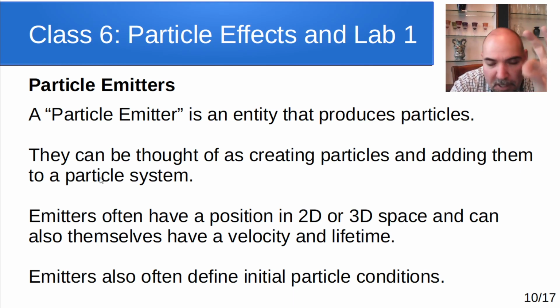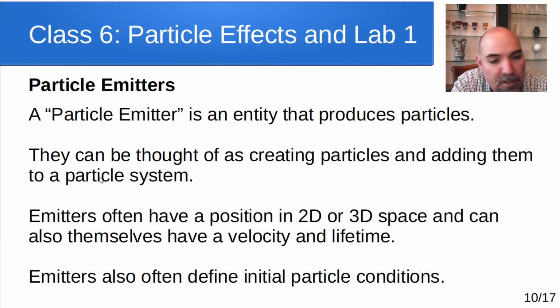Emitters themselves can also be objects that have their own 2D or 3D position in space, and they could also have a velocity and a lifetime, and they could change their behavior over time as well. So if you have a sparkler, and it's creating sparks, and it's also creating some smoke, you can move that sparkler around, and it's still going to leave behind a smoke trail and the sparks as you move it around.